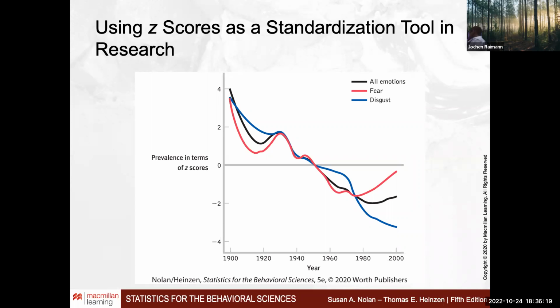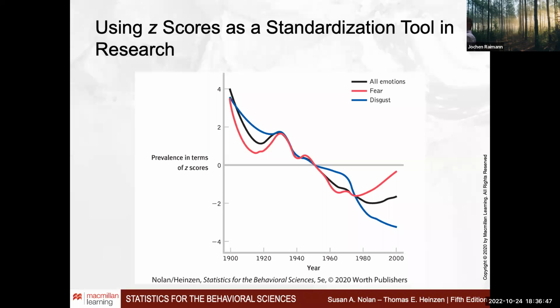When you say you have here a psychometric research of emotions, you have all emotions, fear and disgust, and you want to compare this for individuals in some shape or form, and you want to compare this prevalence in terms of their magnitude, you would need to standardize them to make them comparable based on that distribution within your sample population.